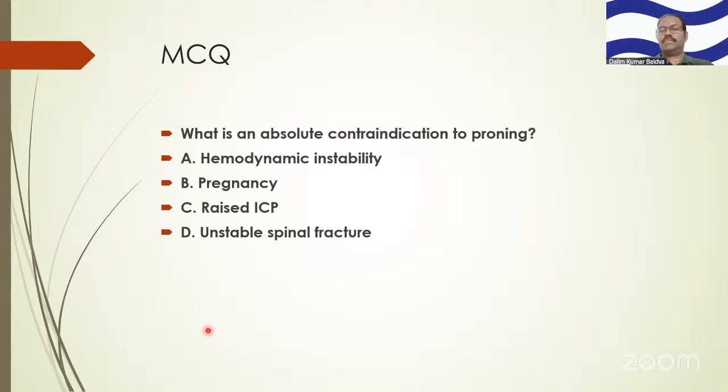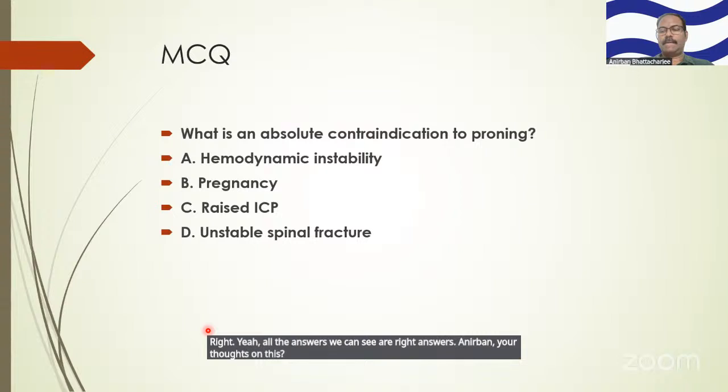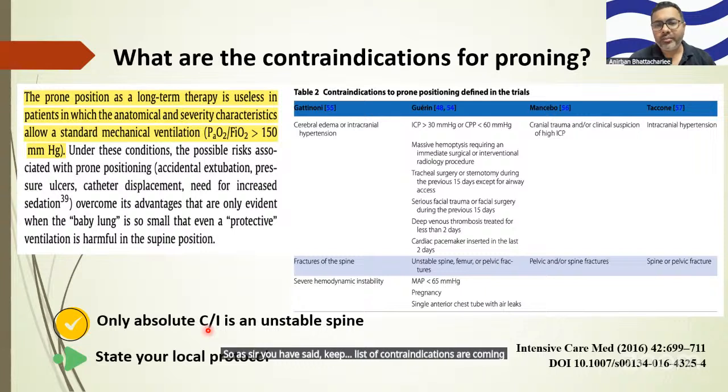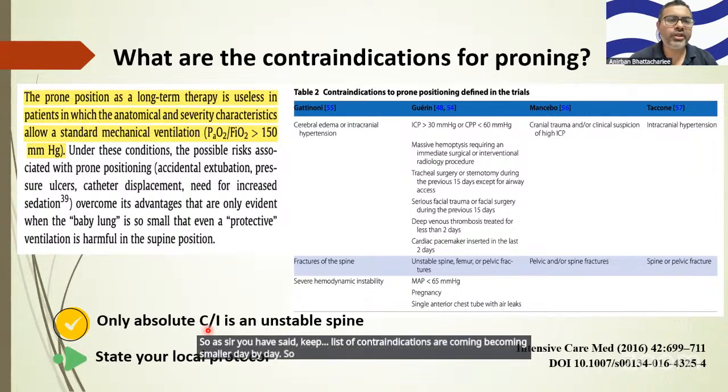Right. Yeah, all the answers we can see are right answers. So Anirban, your thoughts on this? As you have said, the list of contraindications is becoming smaller day by day. So we are now proning patients who are hemodynamically unstable. Even on dual vasopressors, many a times we prone these patients if the PF ratio is very low.